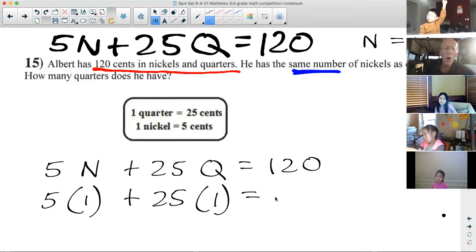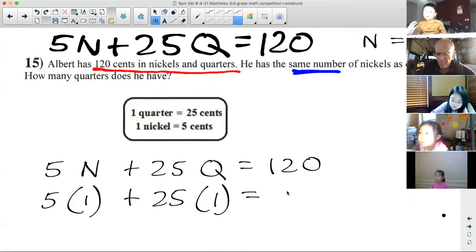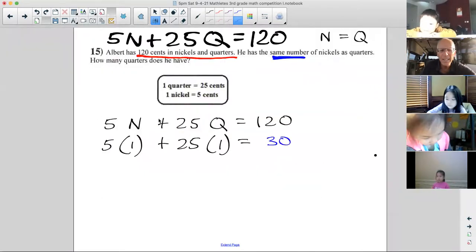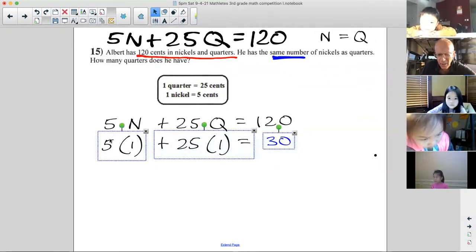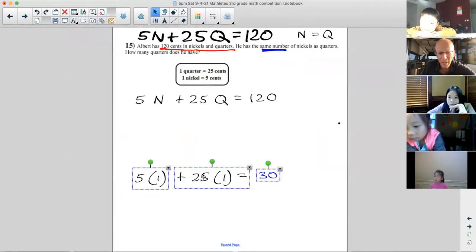How many total cents do I have? 25 plus 5, 30. That's right. I have 30 cents. Now, you know that 30 is not our answer, so let's move that answer down.